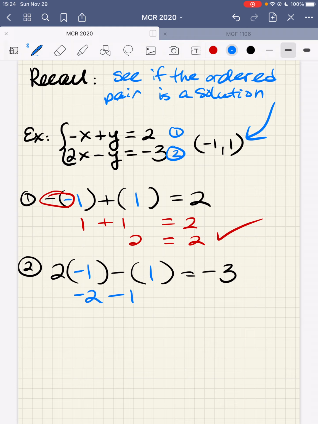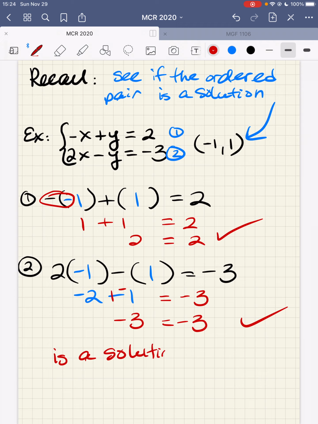Remember, this is negative 2, same as saying plus a negative 1, for those of you struggling with the integers. And this should be equal to negative 3. So I spend $2, I spend another $1, I spend $3. That is equal to negative 3. This is also true. So this is a solution. But remember, it has to satisfy both equations in order for it to be a solution.